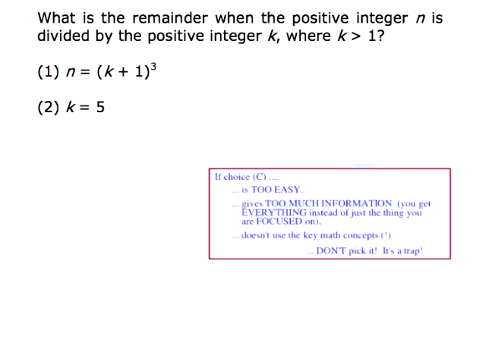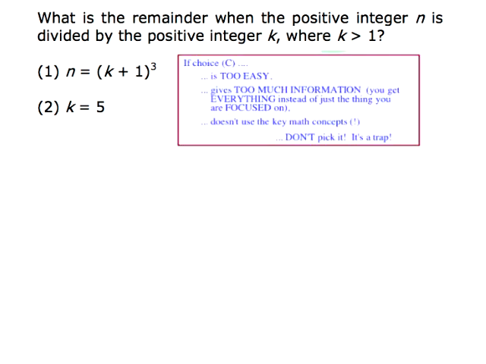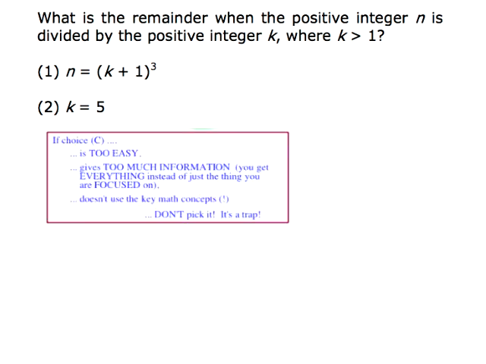Let's make sure that we know what I'm talking about there. This is the main theme of today, this whole idea of a trap. If choice C is too easy, has too much information, and doesn't use the key math concepts, it's going to be a trap, ladies and gentlemen.